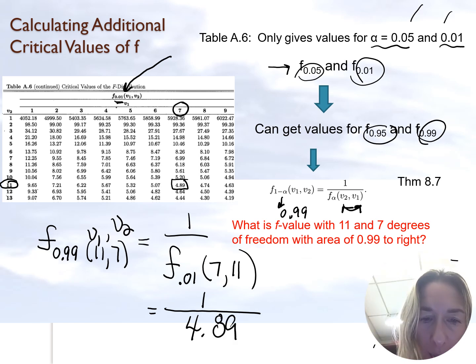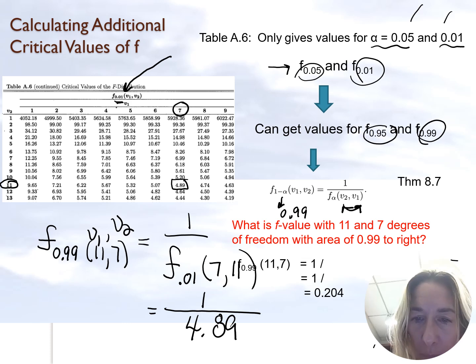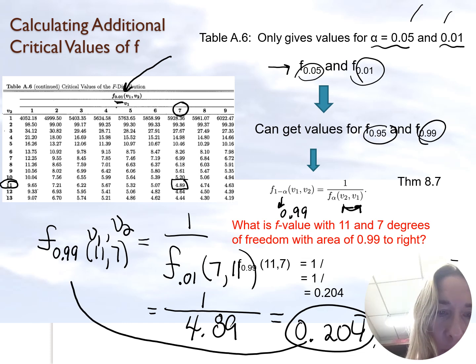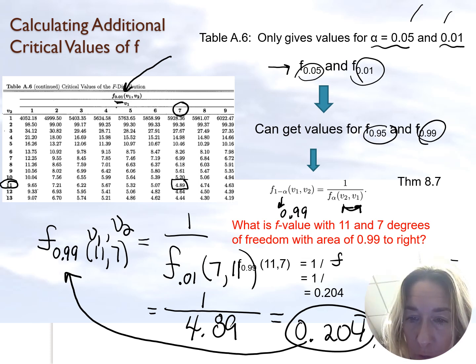When we do the math on that, we get 0.204. So that's the critical value from the F distribution having an area of 0.99 to the right and 11, 7 degrees of freedom. Just fill this in: 1 over F 0.01, 7, 11, which is 1 over 4.89.